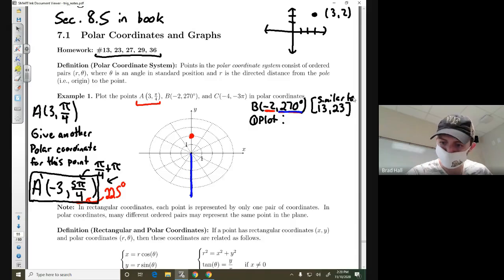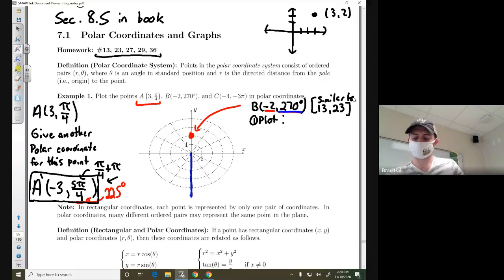So really where this red filled in point is, that is B. So that would be plotting it, the first part of a problem like 13 or 23 from your homework. Plot that.